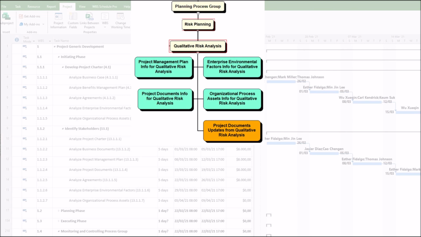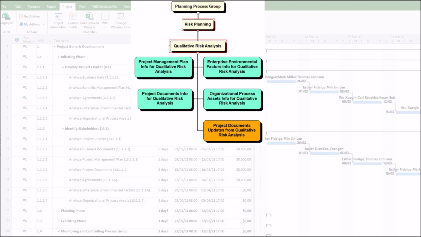This process prioritizes risks by assessing their probability and impact, and document updates ensure that risk rankings reflect the current project reality. Regular updates capture newly identified risks, changes in existing risk attributes, and evolving assumptions, enabling the team to focus resources on the most critical threats and opportunities.